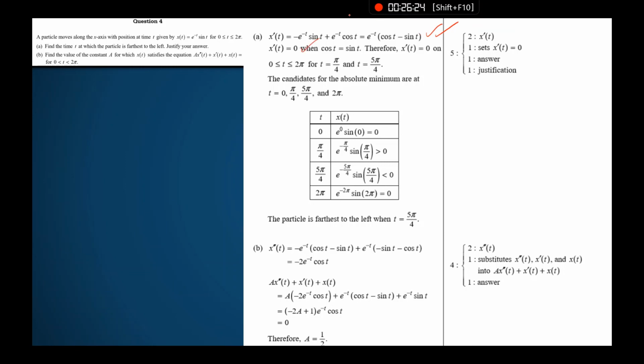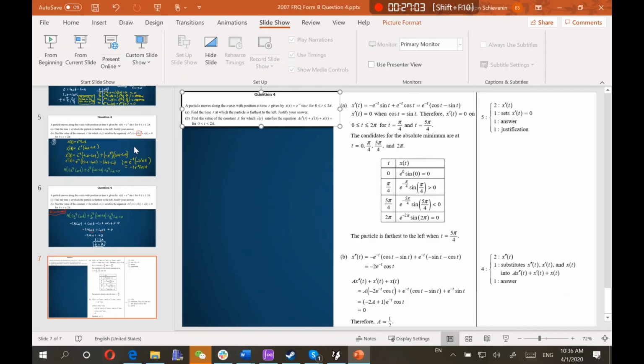Setting it equal to 0 to get our critical points. Getting your answer, which is particle's furthest to the left at 5 pi over 4, and then justification. To get that justification, we need to test 0, pi fourths, 5 pi fourths, and 2 pi, which we did. 2 points for the second derivative, negative 2e to the negative t cosine t, which we did. Substituting the second, first, and regular function into our equation, which we did, and then getting our answer of 1/2. That all looks good, so this should be 9 out of 9.